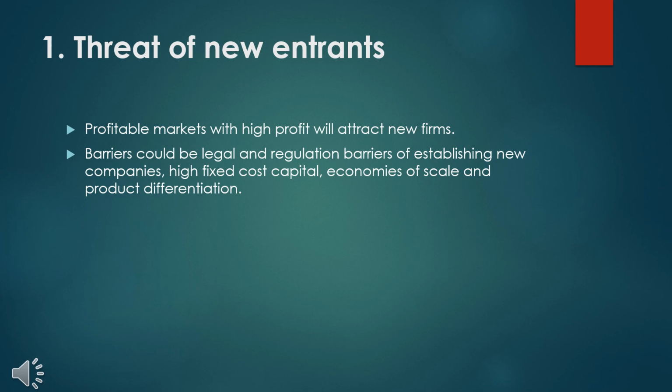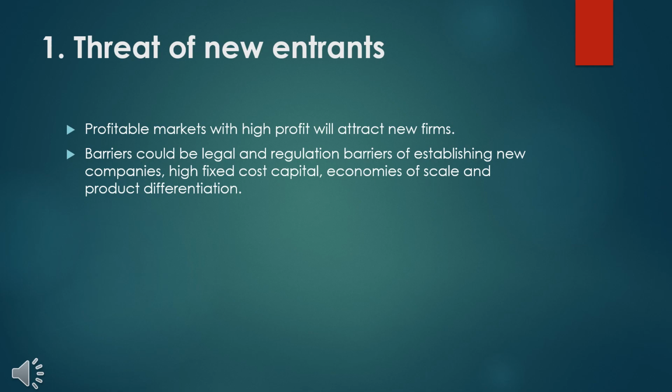For example, they can block the new entrants by regulations, or the new market could be a non-accessible market because of the fixed cost, and the capital is very big to establish the business.